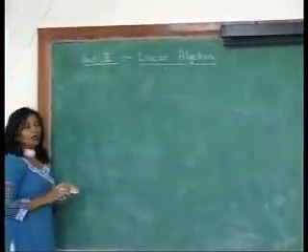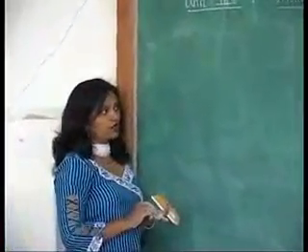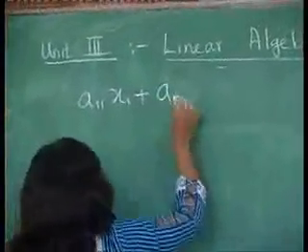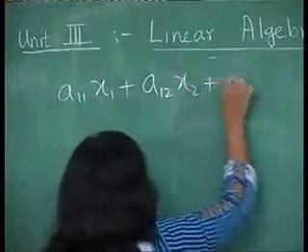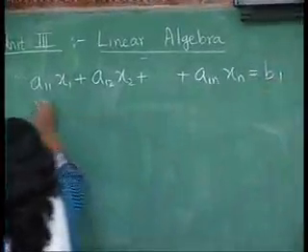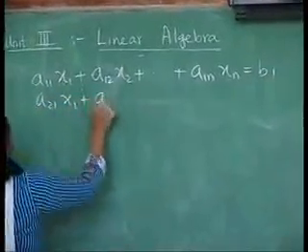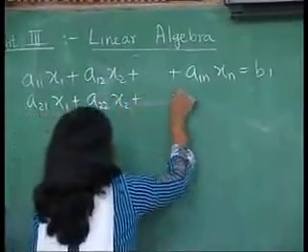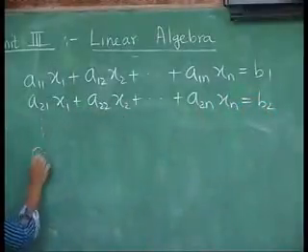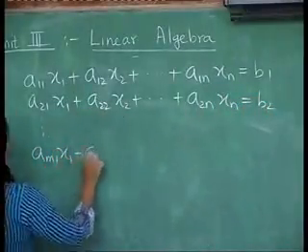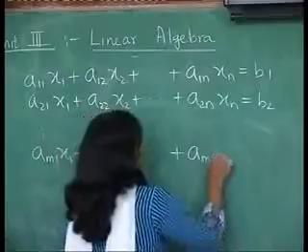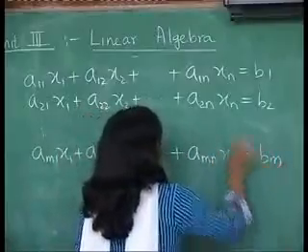We now look at a homogeneous system of equations. See, we had our linear system of equations a11 x1 plus a12 x2 plus a1n xn equal to b1, a21 x1 plus a22 x2 plus a2n xn equal to b2, am1 x1 plus am2 x2 plus amn xn equal to bn.